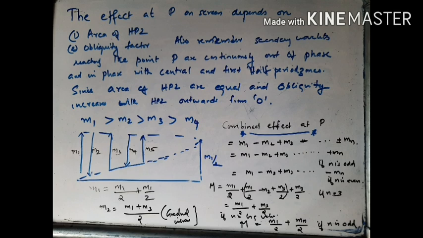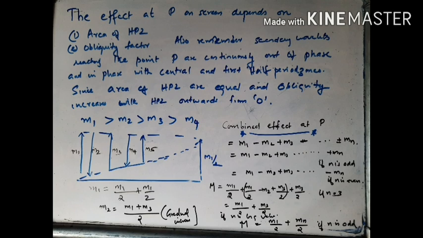Now, if we draw the amplitude of light reaching P due to M1, M2, M3, M4, etc., we can see the diagram. The total effect will be M1 by 2. Next, we have to prove that the total effect at P due to all these effects M1, M2, M3, M4, etc. is M1 by 2.